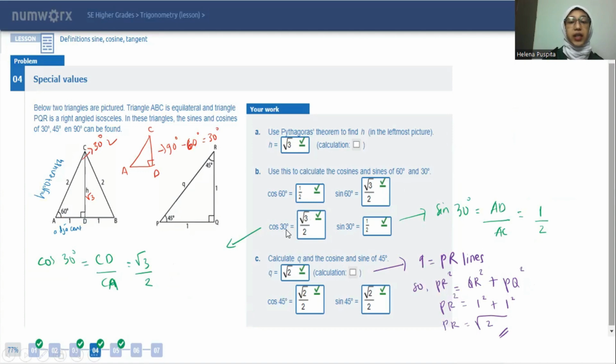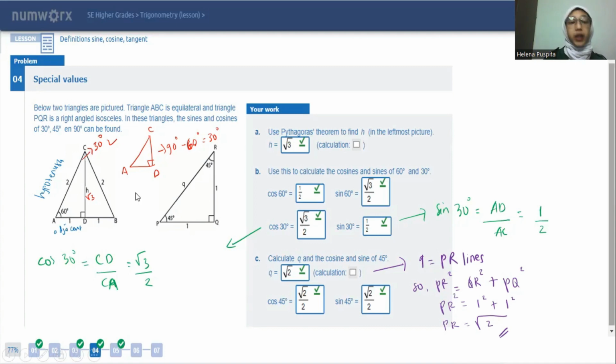Cos 30 degrees, CD over CA, equals square root 3 over 2. Sine 30 degrees, opposite over hypotenuse, AD over AC, so 1 over 2.